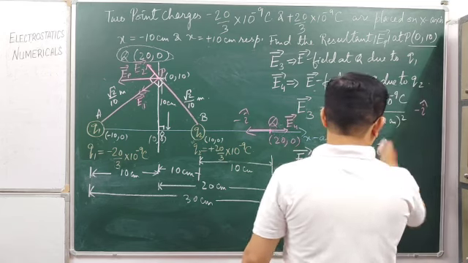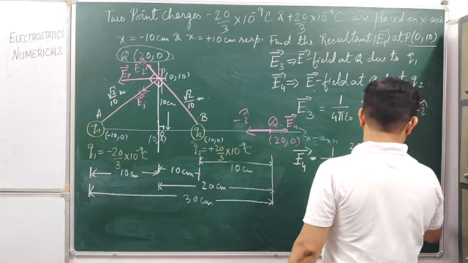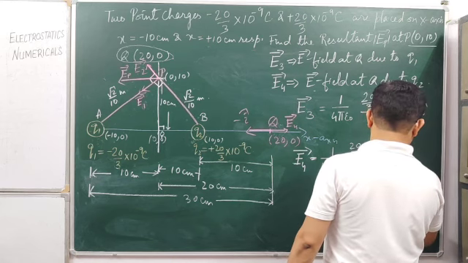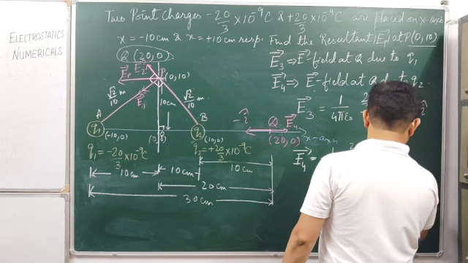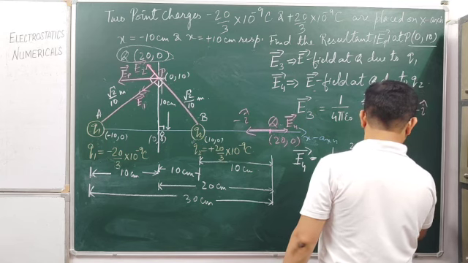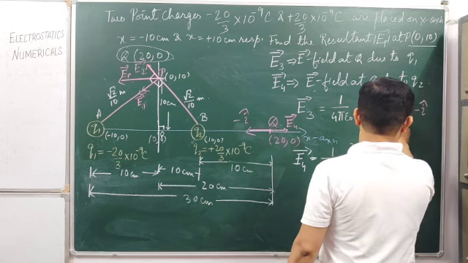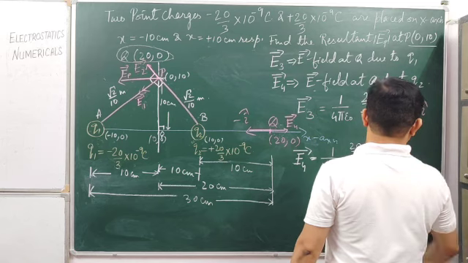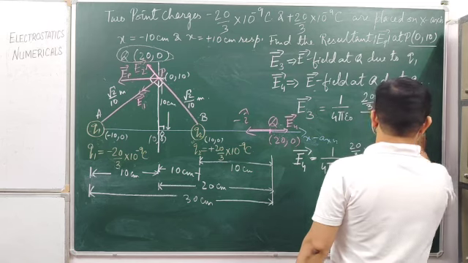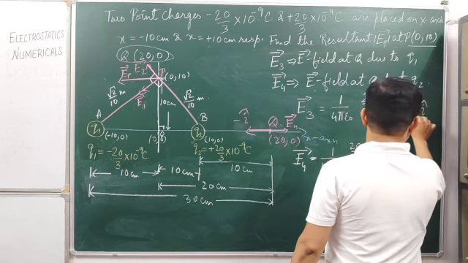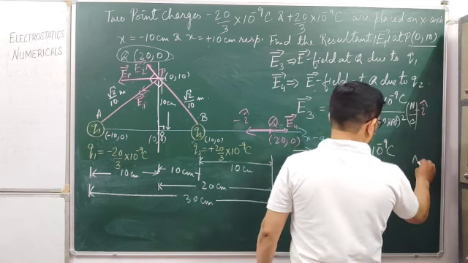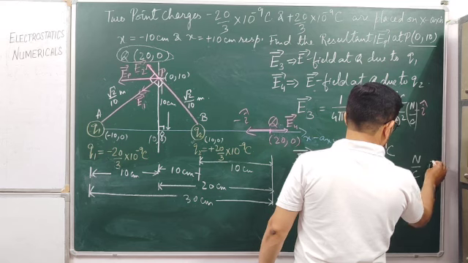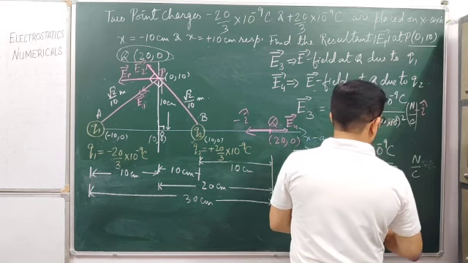All right, so in the equation itself, let us convert this into SI units. Just multiply by 10 raised to the power minus 2, here also we multiply 10 raised to the power minus 2. Now we get everything in Newton per Coulomb, that is the SI unit of electric field. This is going to be plus i cap.